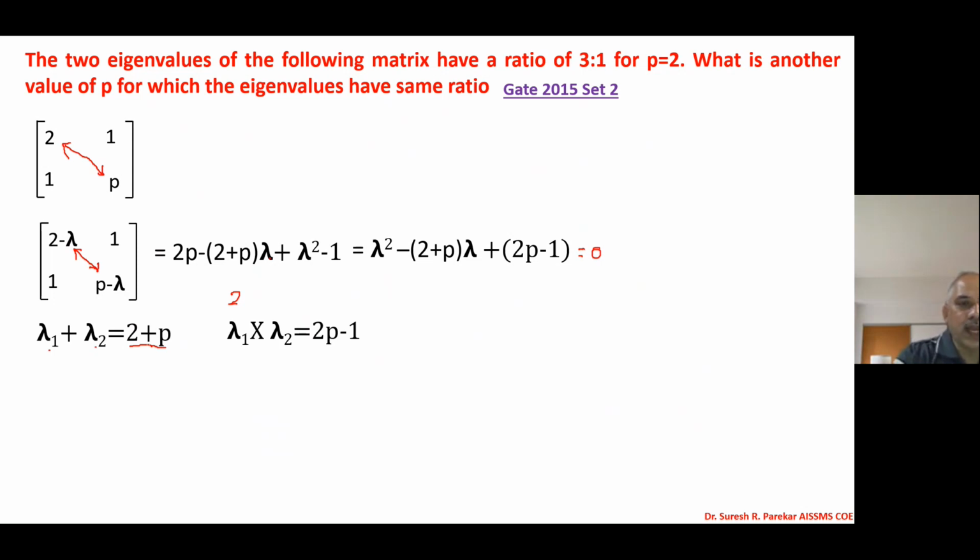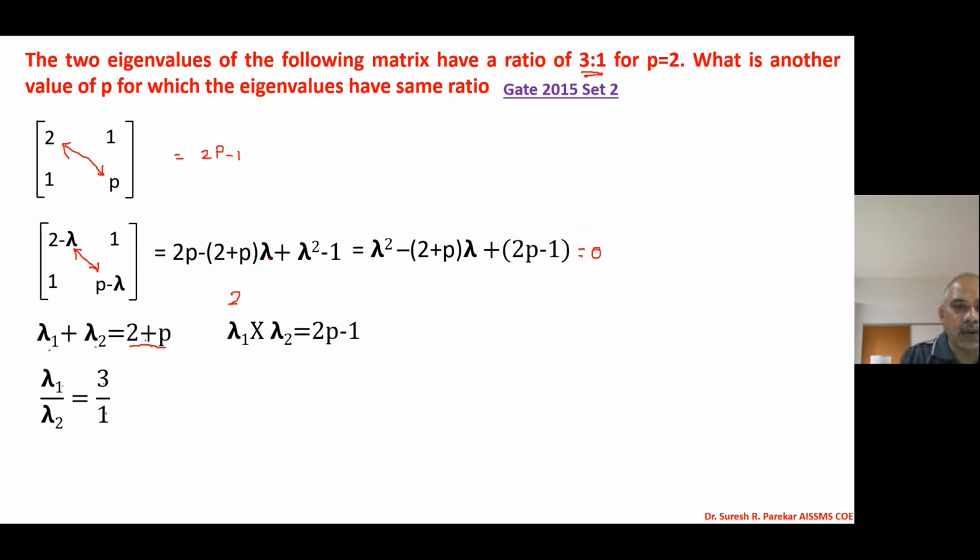Now lambda 1 into lambda 2: we have to find the determinant of this, and we have 2p minus 1. So 2p minus 1 will be the determinant. Now we are given lambda 1 upon lambda 2 as 3:1.